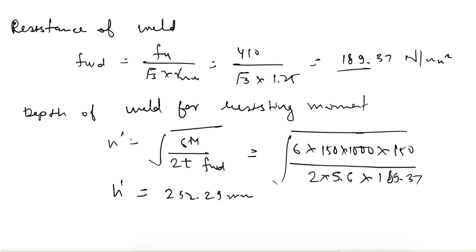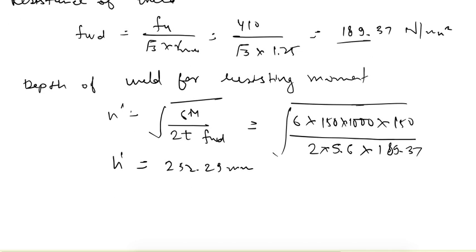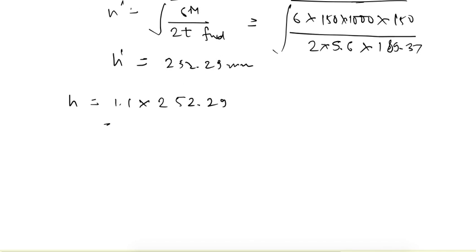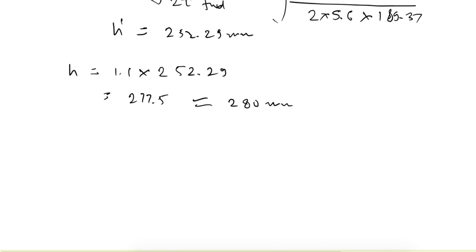Now from here we get H dash as 252.29 mm, and then we increase this by 10%, so we get H as 1.1 times 252.29, that is equal to somewhere around 277.5. Now let's take 280 mm. So we have found out this depth also. Now what will be our two stresses?